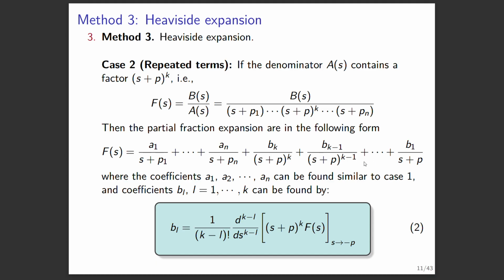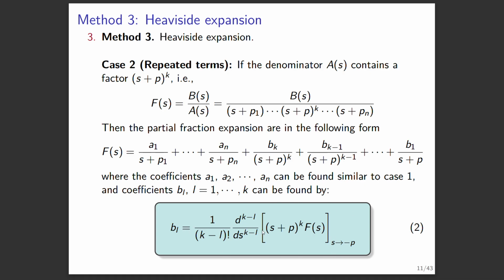I might not have any of these. So we should really find the values of b k minus 1, b k minus 2 to b1. For the a's, a1 to an, we simply use what we did in the previous slide.